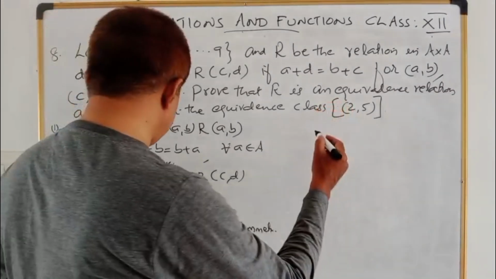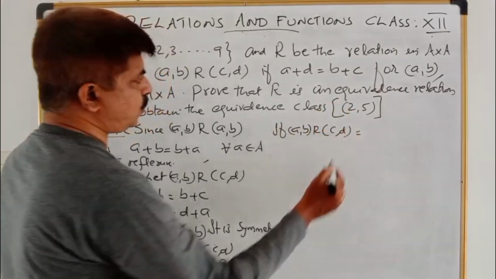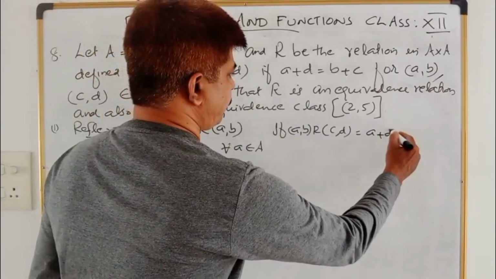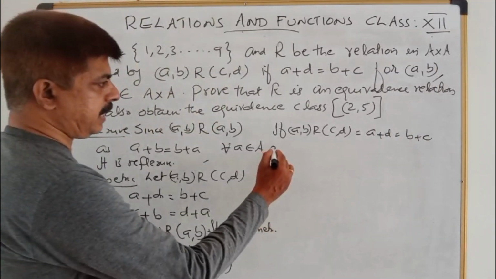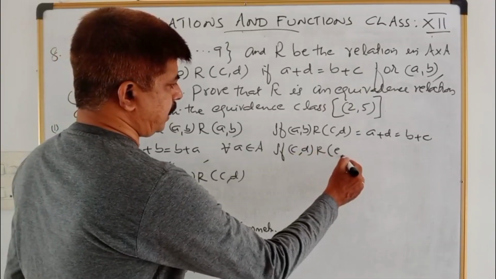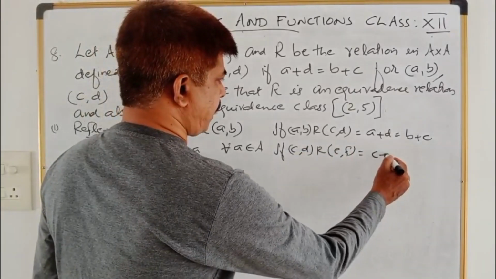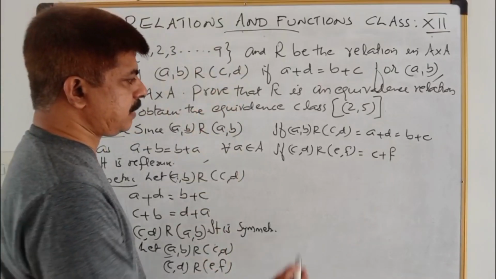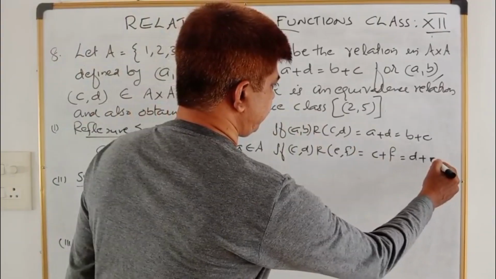So now let us check the transitive. If (a, b) is related to (c, d), how will you write the equation? a plus d equal to b plus c. Then if (c, d) is related to (e, f), what will you write? c plus f is equal to d plus e.